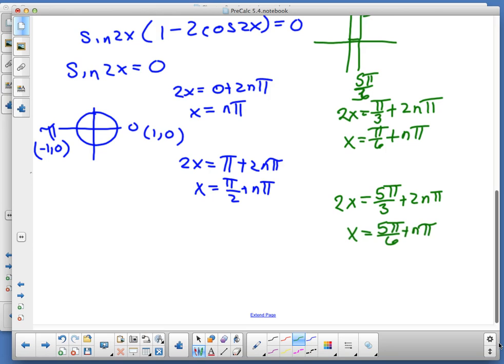Now let's talk about my intervals for my solution. Since I've got this going, I've got 0 and pi going up there, and I'm supposed to solve on the interval from 0 to 2 pi. And I've got pi over 2 to 3 pi over 2.